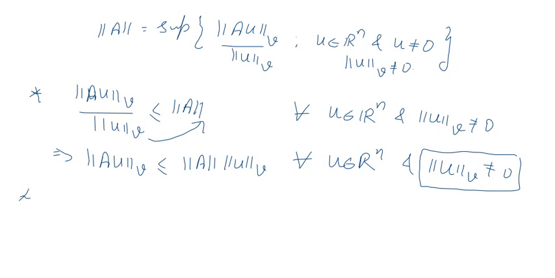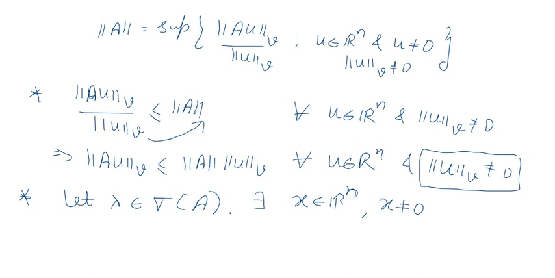Now secondly, let lambda belong to the set of eigenvalues of A. This means there exists a non-zero eigenvector x belonging to Rn, such that Ax equals lambda x.